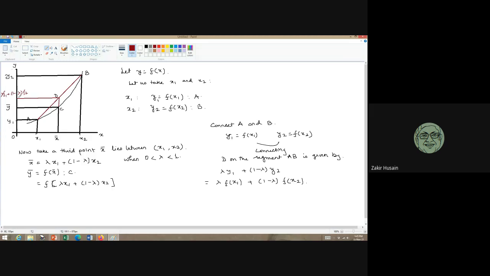Lambda comes in here, so that means D lies within this interval. We can represent this in this form using lambda.